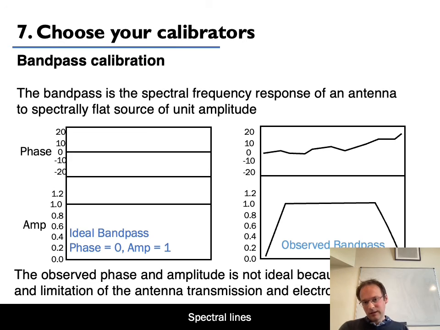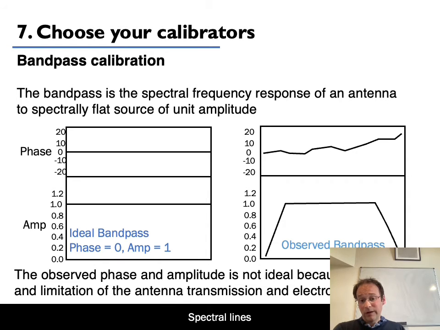The next step in your observing setup is to choose the calibrators that you want to use for your observations. And of course, what's very important in spectral line work is the bandpass. Now, the bandpass is the response of the telescope as a function of frequency. So you've talked about calibration in this course associated with phase and amplitude of the antenna gains as a function of time, and to calibrate that response out.